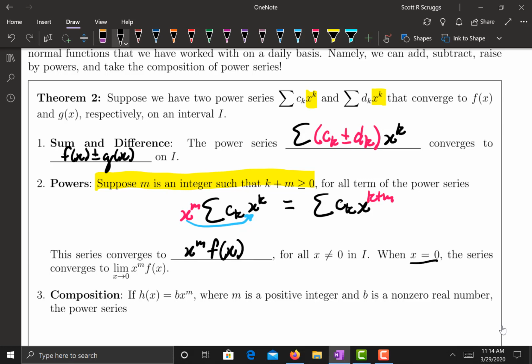Now, when x does equal 0, my series will converge to the limit as x goes to 0 of x to the m power f of x. The reason this is included is that if I plug in 0 for x, I might get 0 times whatever the function is at 0, which may not be accurate to what I actually conclude.